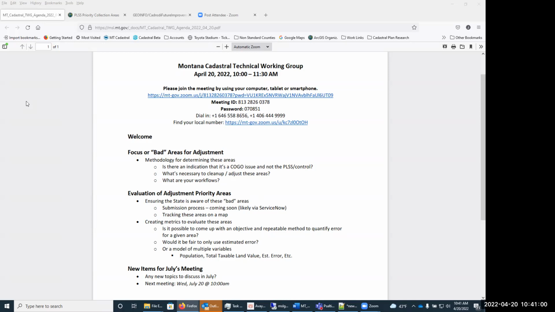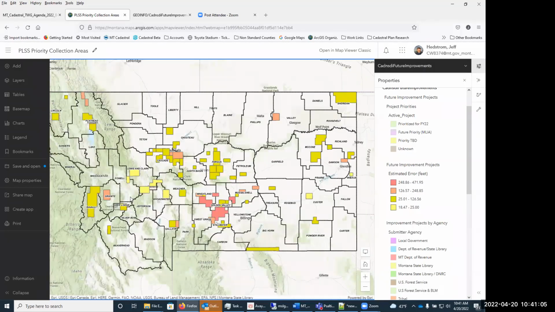I have a very basic map that I've been tracking on my own, and a lot of times these are just areas that either staff has identified over the years, or some of the DOR analysts have identified as well. I kind of moved away from the PLSS reliability numbers and put on this estimated error. I'll probably have to document some sort of methodology for that.